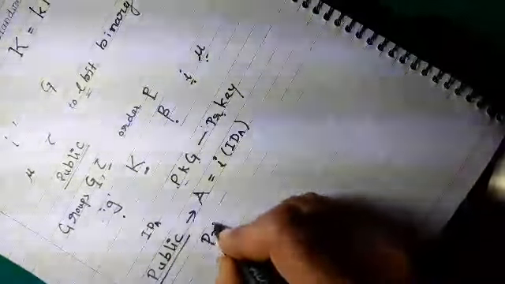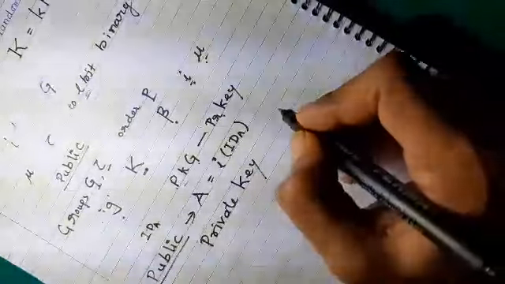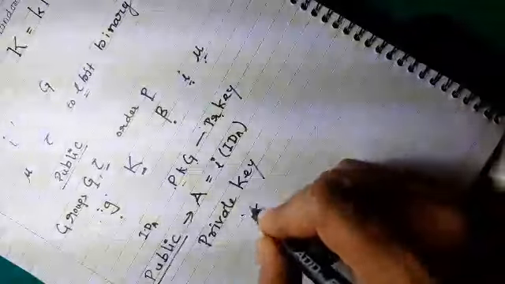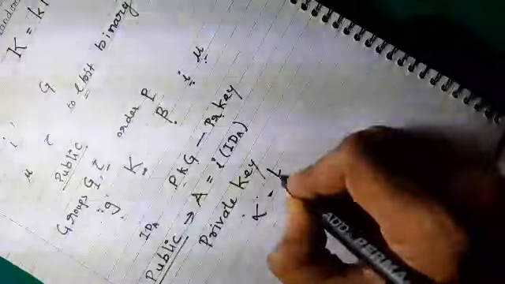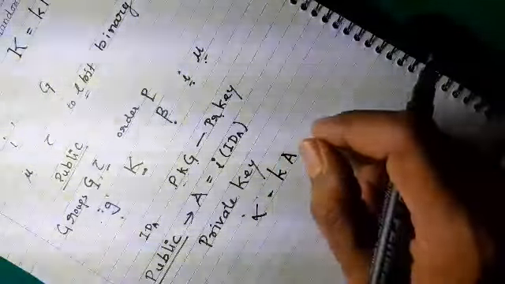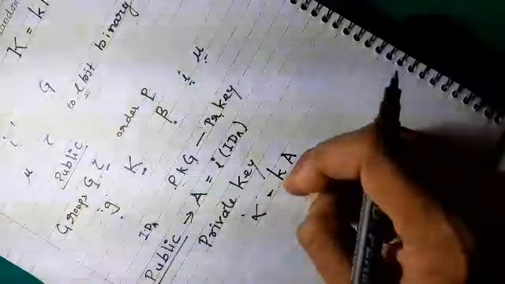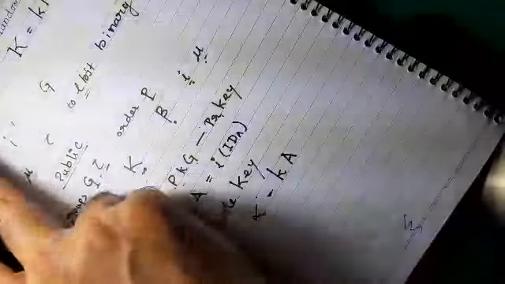Next is the private key. How exactly will the private key be generated? I'm going to call it alpha. This private key equals small k into A, the public key of the client, and the small k is some random integer which was selected at the beginning.